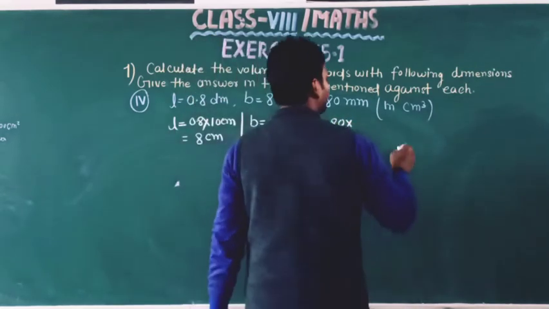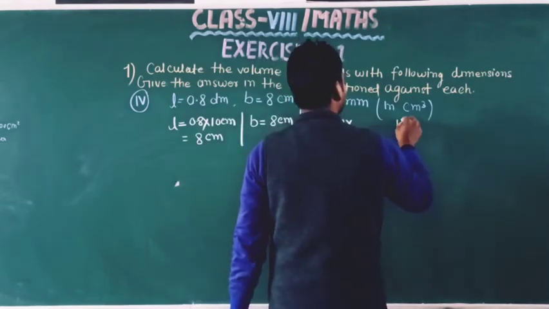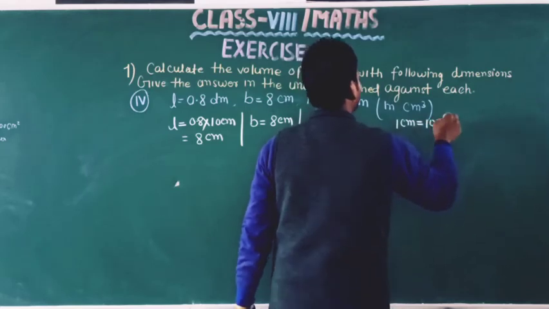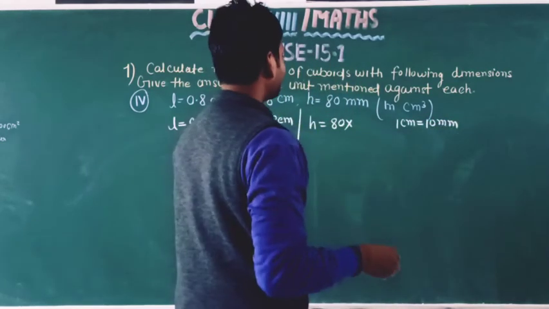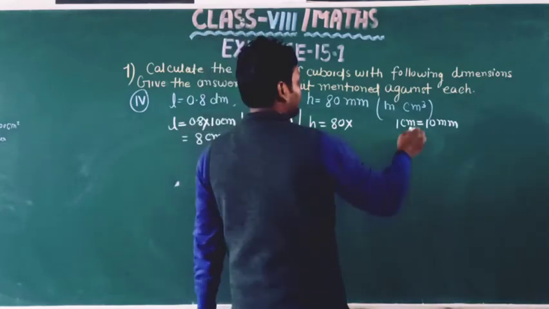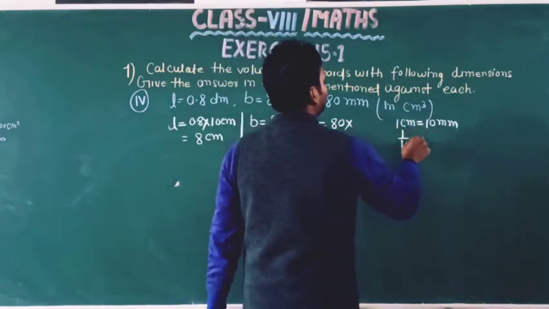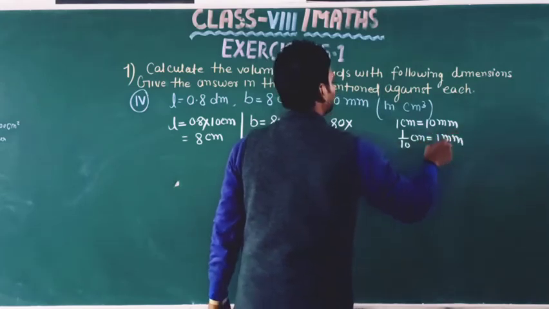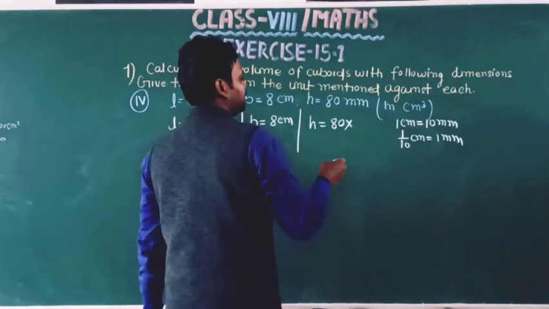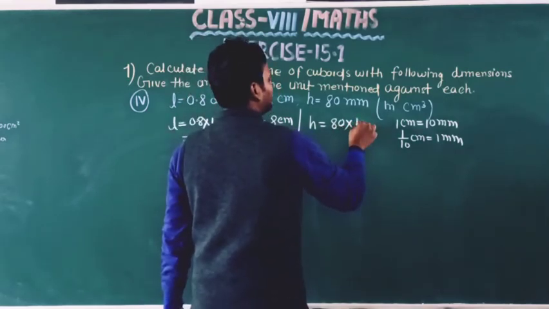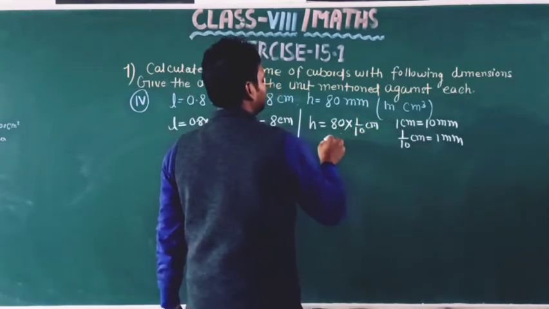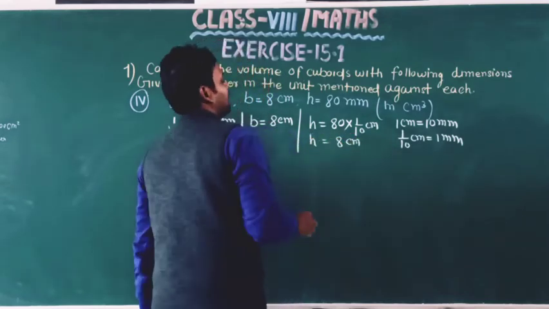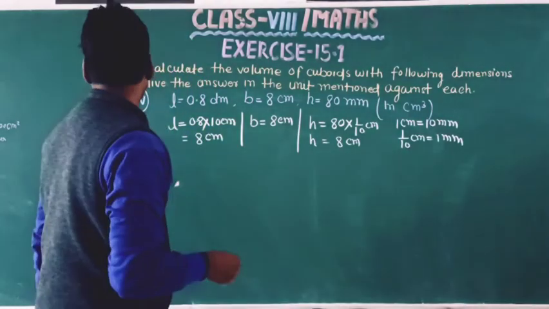As we know, 1 centimeter equals 10 millimeter, so 1 upon 10 centimeter equals 1 millimeter. We need to multiply by 1 upon 10 centimeter, which gives 8 centimeter. Height equals 8 centimeter.